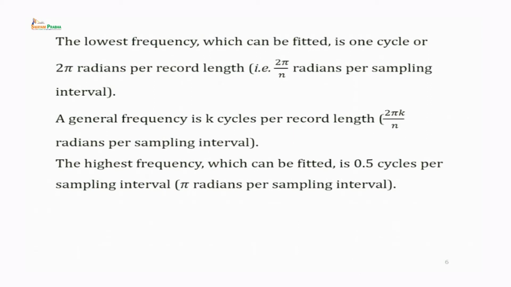Now, the lowest frequency which can be fitted is one cycle or 2 pi radians per record length, that is 2 pi by n radians per sampling interval, where you have n observations.